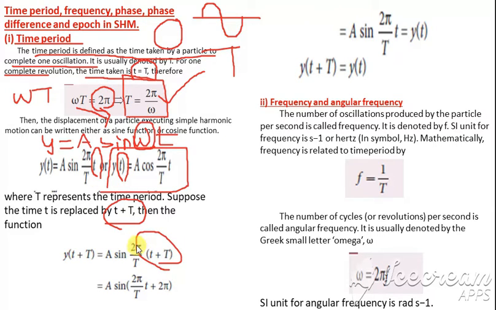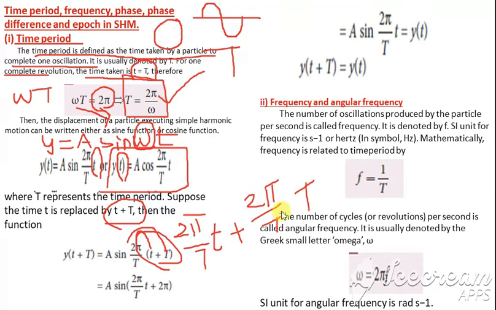Now multiply the term inside. We get 2 pi divided by T into t plus 2 pi divided by T into T. This T and this T get cancelled, so we get 2 pi divided by T into t, plus 2 pi. Now this 2 pi can be neglected, and so we get sine 2 pi divided by T into t.